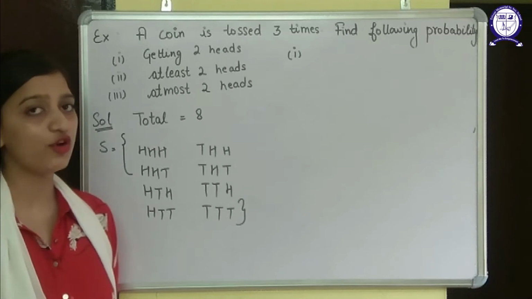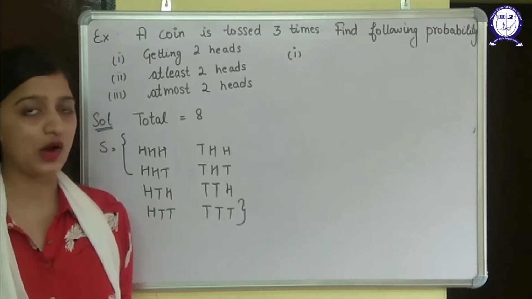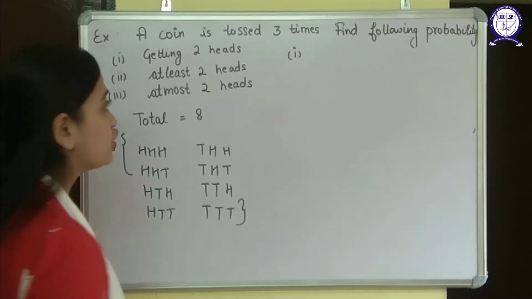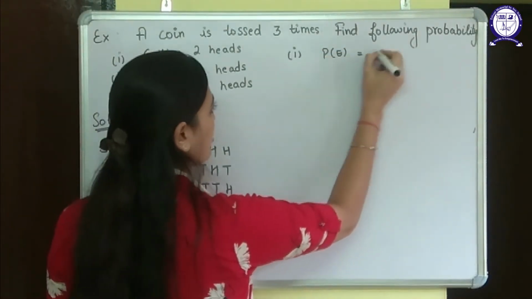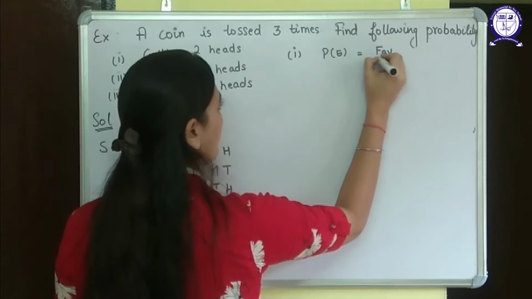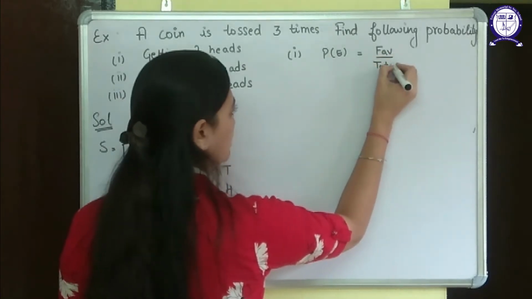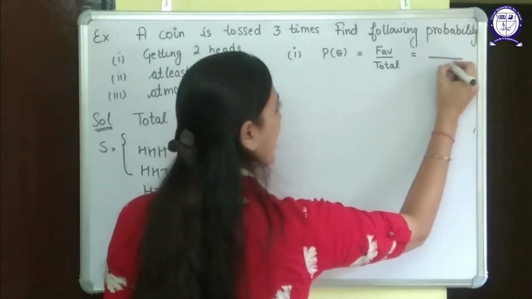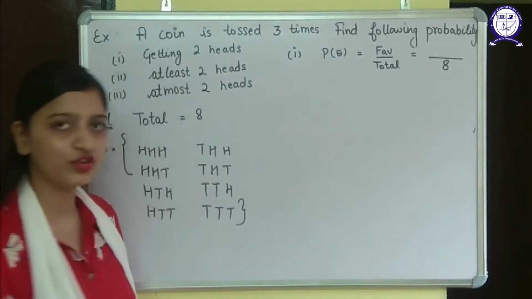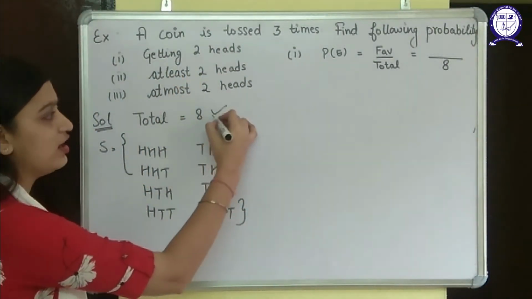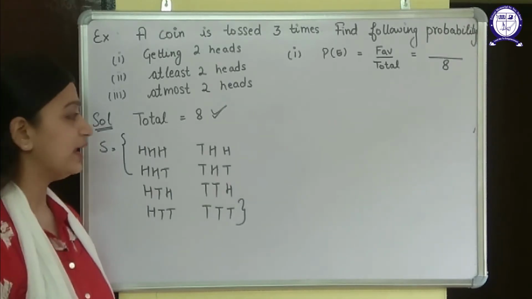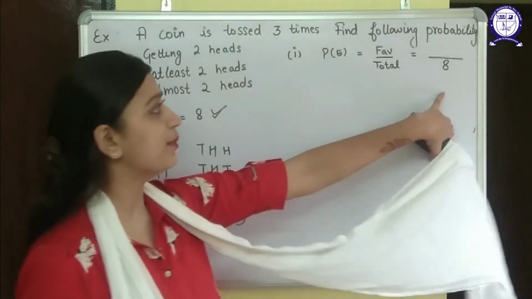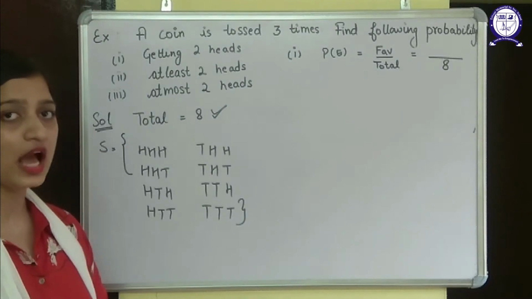We know that the formula is number of favorable outcomes upon total outcomes. So the first part, my probability of E is favorable outcomes upon total outcomes. And I know that my total is 8 for this question. I have written it here, and with the help of this I have created my sample space. Now I know total is 8, but what is my favorable outcomes?